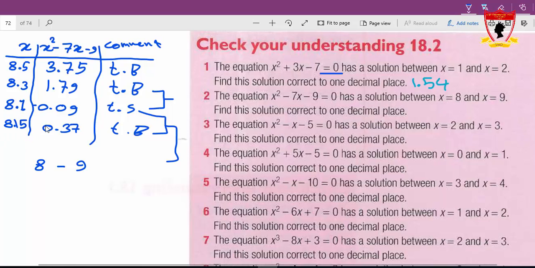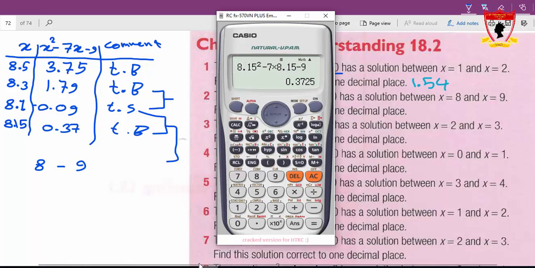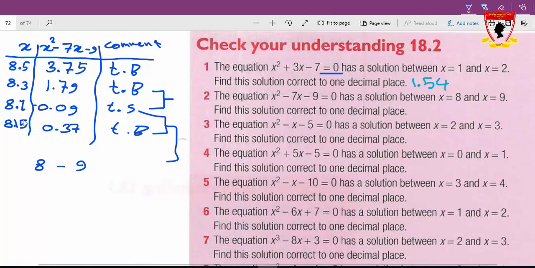So it could be 8.12, 8.11. Now we can consider 8.1 as 8.10, and a number between 10 and 15 and closer to 10 because 10 is closer to 0.